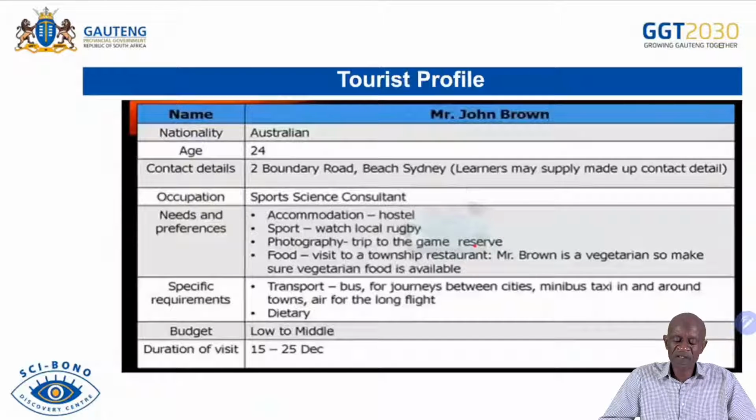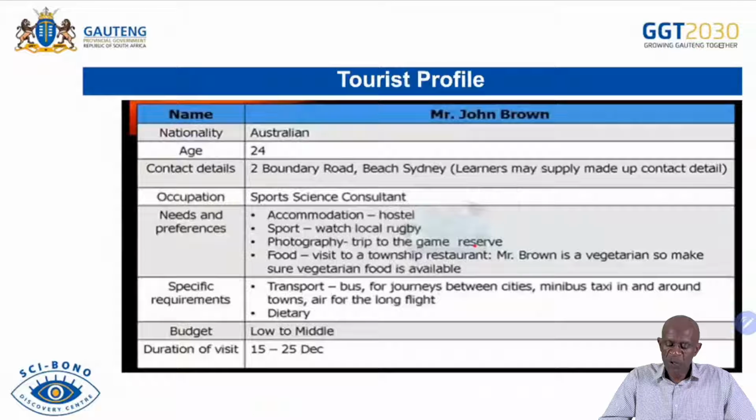Tourists also have specific requirements. So as you draw a tourist profile, rather a tour plan, please look at the specific requirements that a tourist may have. A tourist's specific requirements will answer the questions of the choice of transport and that of diet.